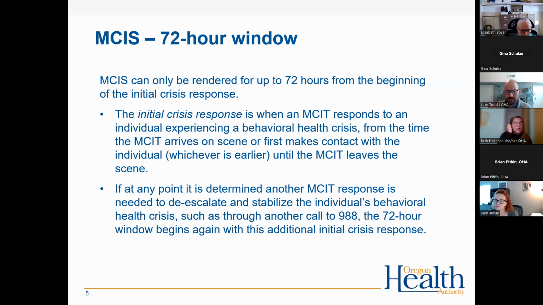So yes, and then I guess the other clarification, and we can always get back to them if need be. If they're talking to 988 and 988 is updating them on the situation and the location and what's going on, but that conversation lasts 15 minutes and then they hang up and then they drive there, which pieces of that would prompt the billing?